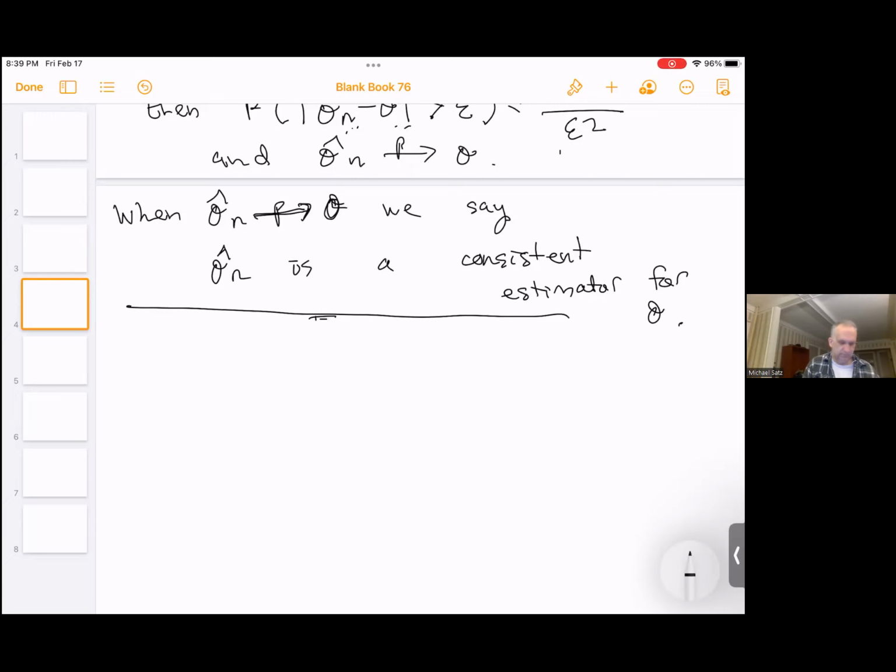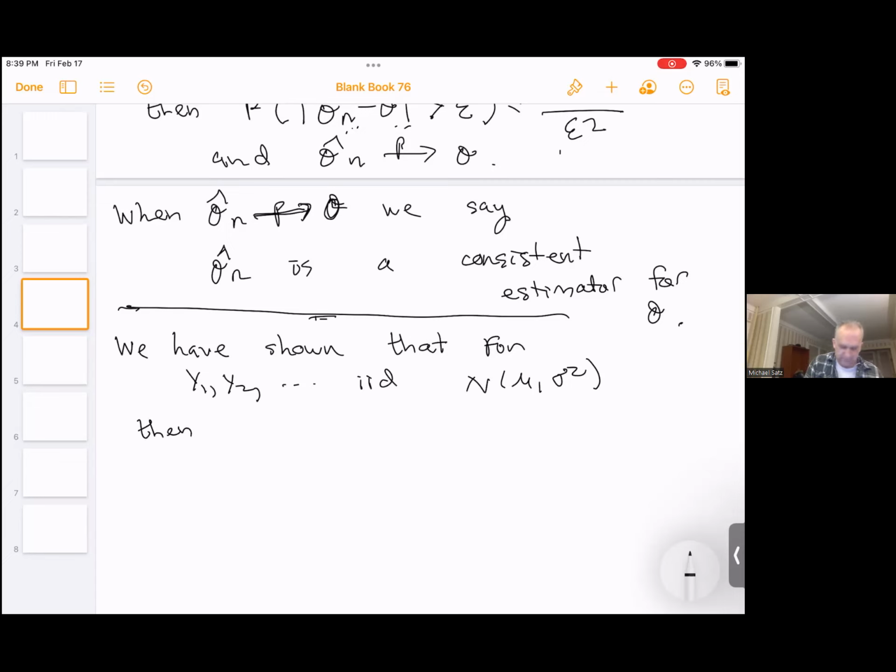Okay, so we showed actually for the variance, previously, let's not do it here, we have shown that if Y1, Y2, and so on, this is probably an important case, if it's IID normal mu sigma squared, those are finite, then the variance of Sn squared, the sample variance, is equal to 2 sigma to the 4th over n minus 1.